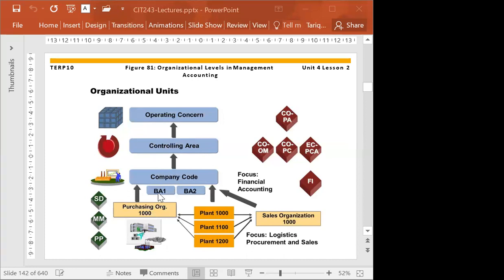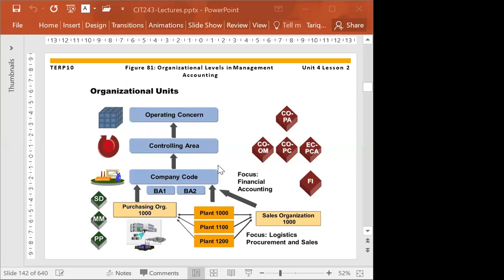We may have business areas, you can say, so 2 business areas in this company code. And by the way, one business area may have many company codes inside. Again, this is managerial accounting. So for example, business area motorbike.